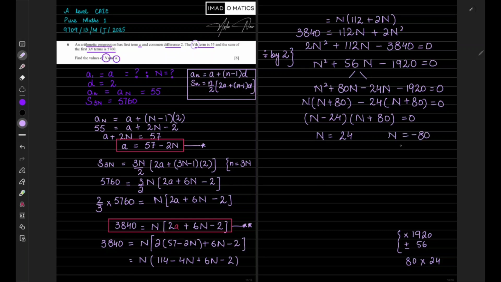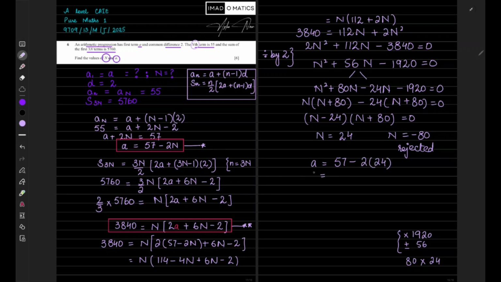So the number of terms cannot be negative, so just reject this value, and we will be using this n to find now a. And we know that a is equal to 57 minus 2n.